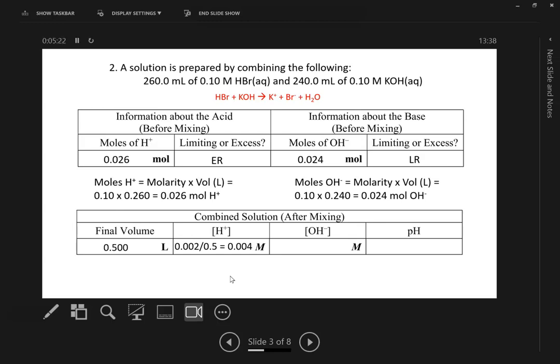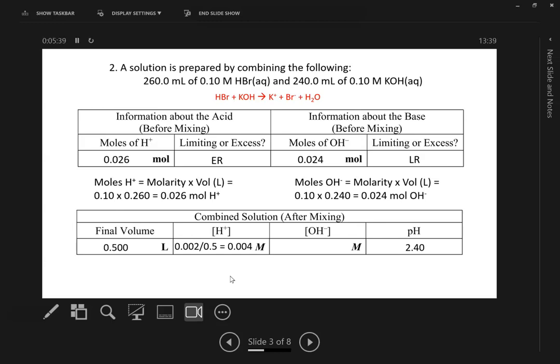Divided by my volume in liters, I get 0.004 molar H plus. That gives me a pH, by the negative logarithm of the hydronium ion concentration, of 2.40.